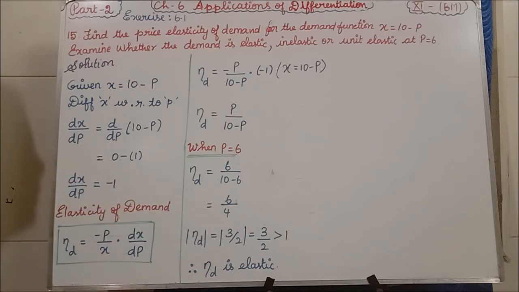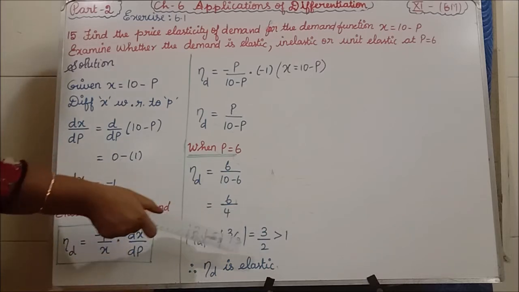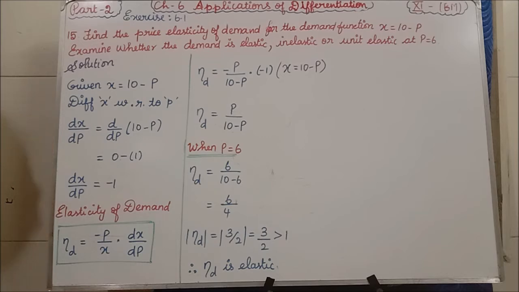Students, when teaching the elasticity conditions, I wrote everything inside the modulus, so here also I write modulus of 3 by 2. The value is already positive, so it stays positive. 3 by 2 is greater than 1, which means eta d is elastic.